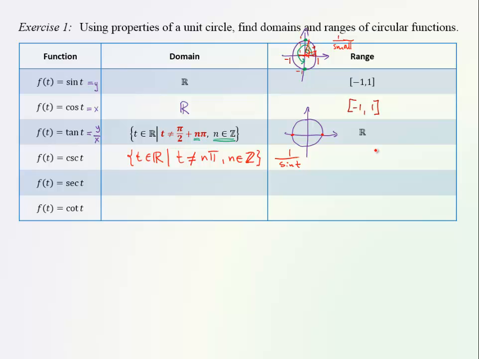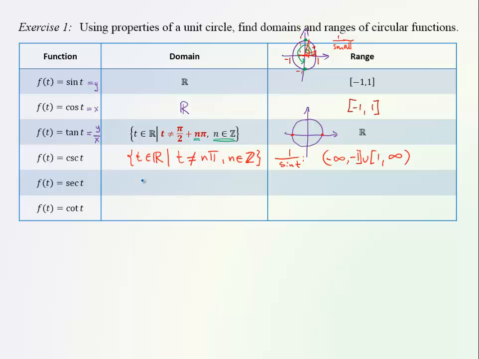So we can only obtain something from 1 to infinity for positive numbers. And the same situation happens for the negative numbers. Again, if I have a number very close to 0 but negative in the denominator, then the fraction is very high but negative, so from minus infinity. But the largest negative number that I can obtain is actually -1, and it happens when sine of t is -1, so up to -1. And that's a union. So that's the range for cosecant.